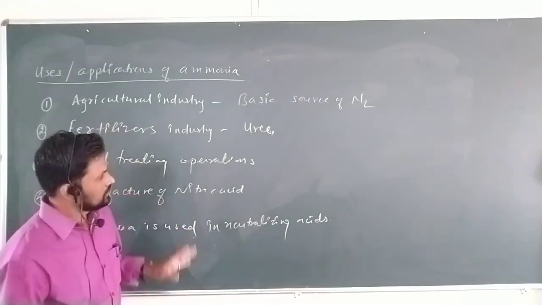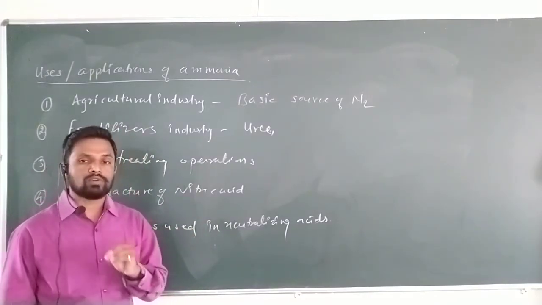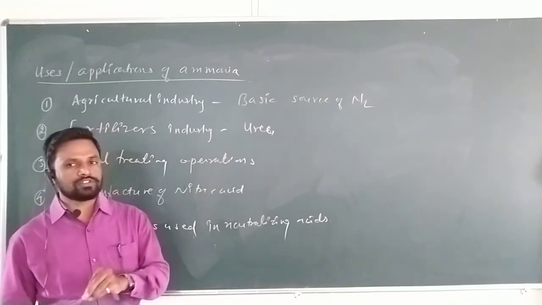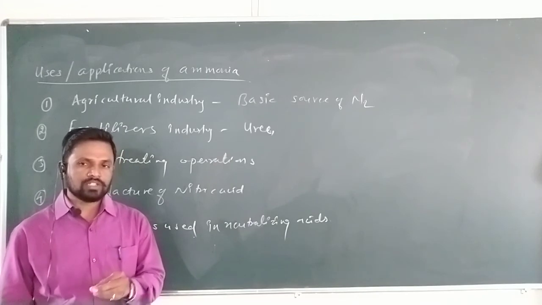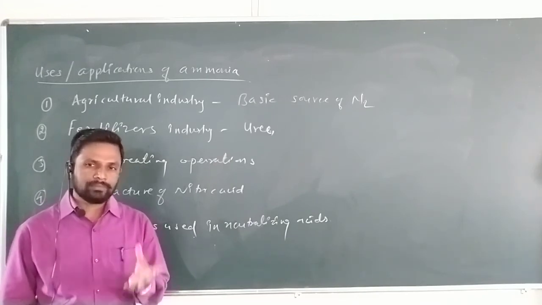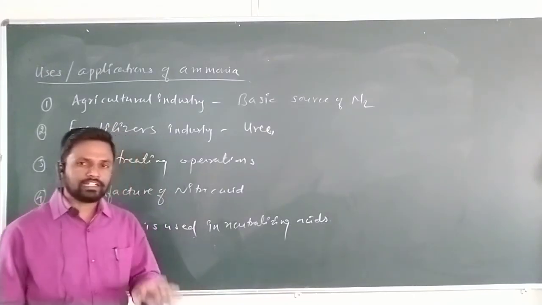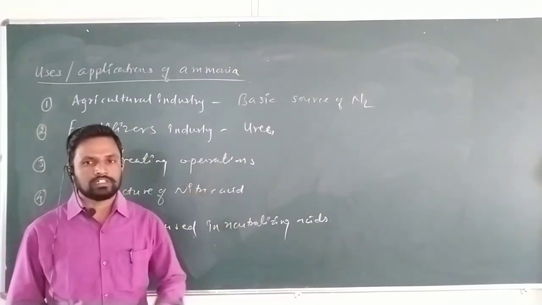So, with this, manufacture of ammonia by the modified Bosch-Haber process, using nitrogen and hydrogen in the ratio of 1:3 forming 2 volumes of ammonia in the presence of an iron catalyst, under pressure at optimum temperature, that we studied over the last 2-3 lectures.